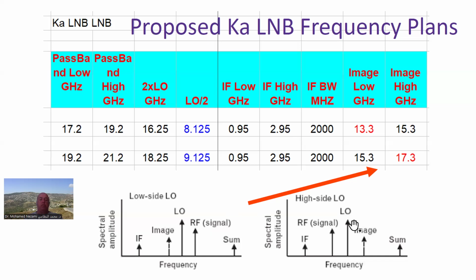In either case, the image will be on the other side of the LO by exactly the same IF distance. Now again, we're trying to beat the LO with the desired signal and produce this IF. But what happens is that this here is an interference, which is the image frequency. It's going to beat also with the LO and end up here, except it's spectrally inverted.